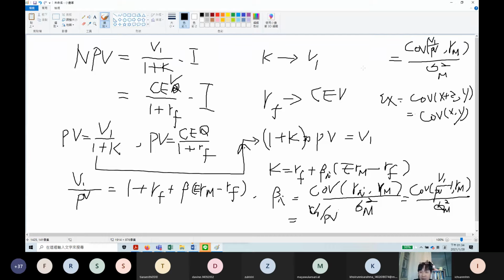Any questions here? No, right? And this one, the PV, I can move from inside to outside. So PV goes here, times the covariance of V1 and Rm.